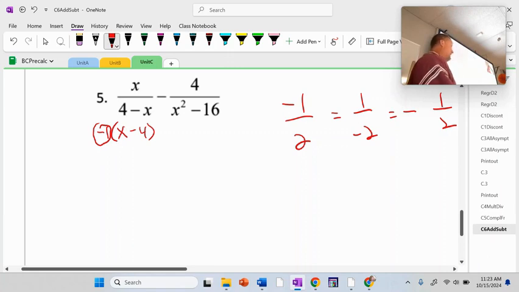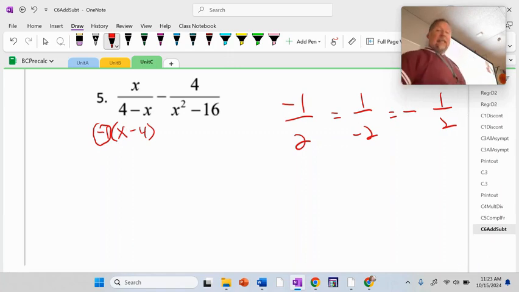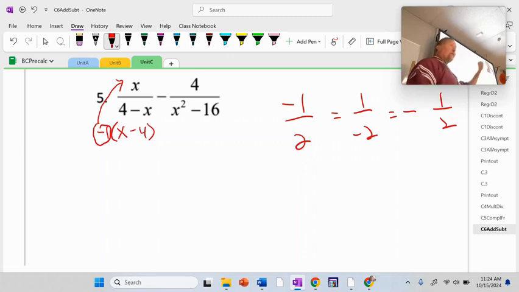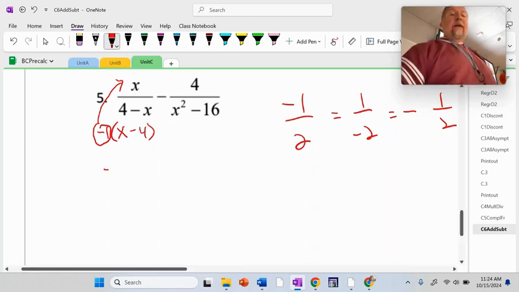The only thing I'm trying to get you to understand is I can take this negative and float it up to the top, and that might make the common denominator thing a little bit easier. So let's rewrite that.